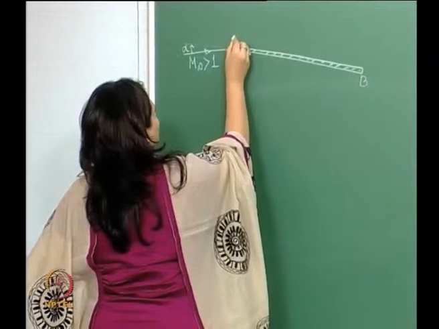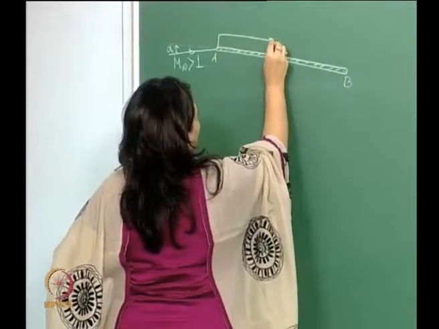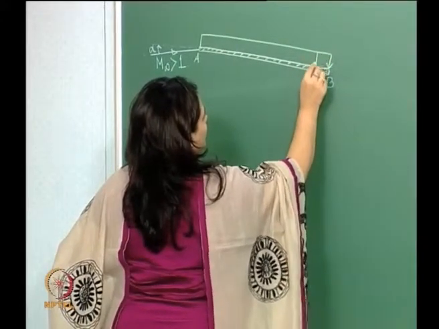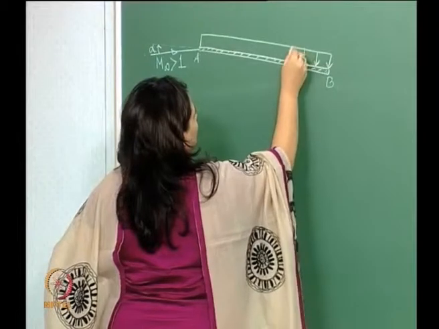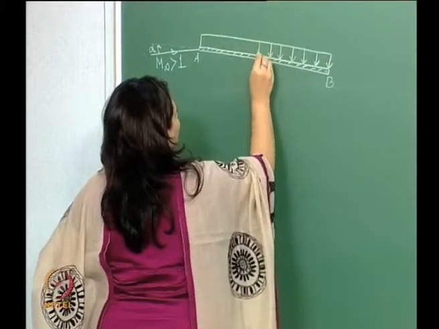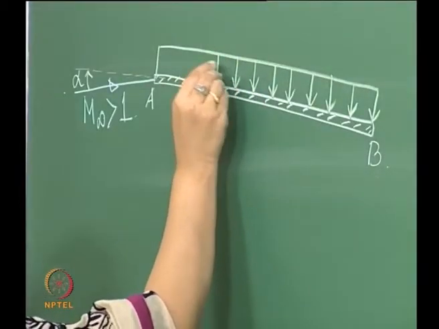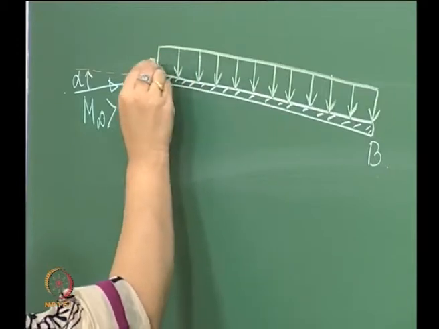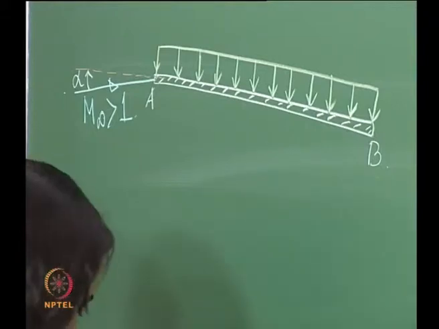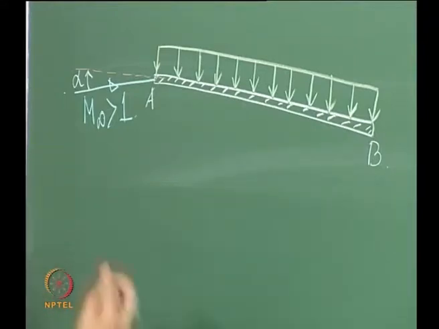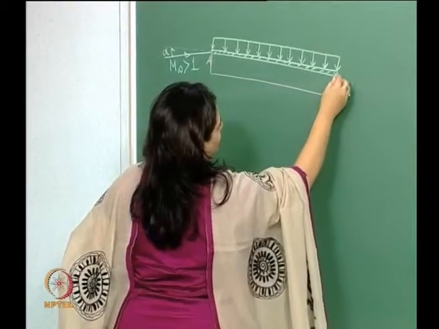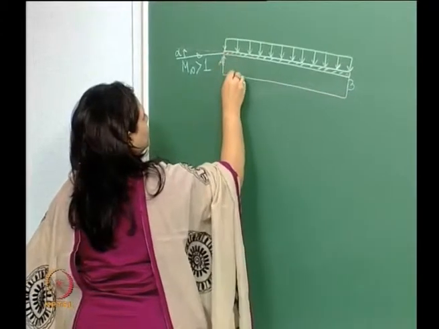On the top surface we will have a pressure distribution, and in the same vein we will have the same on the bottom.